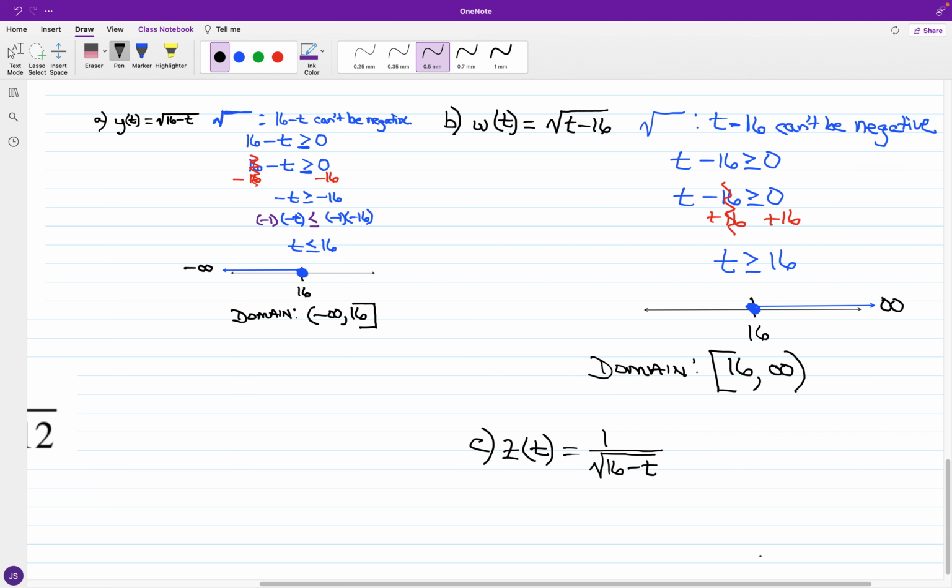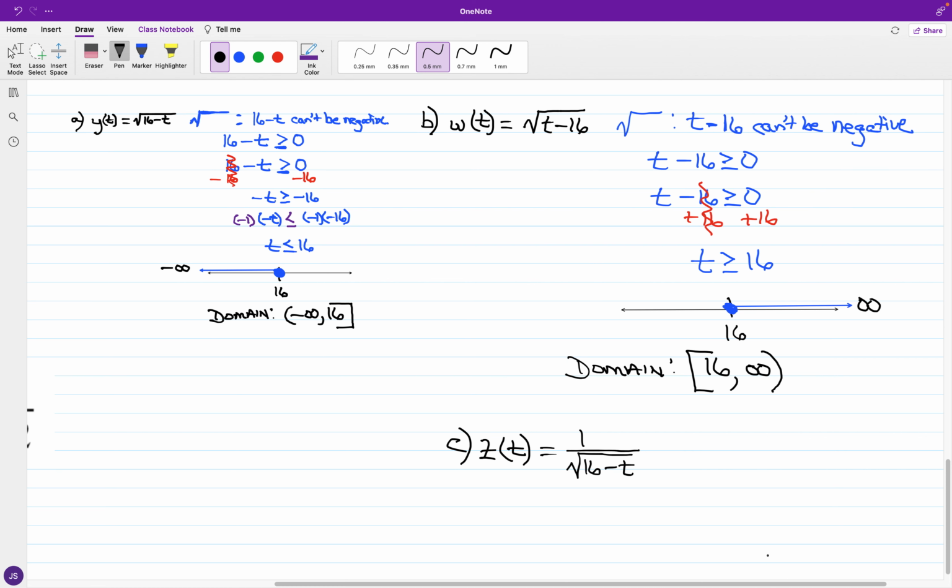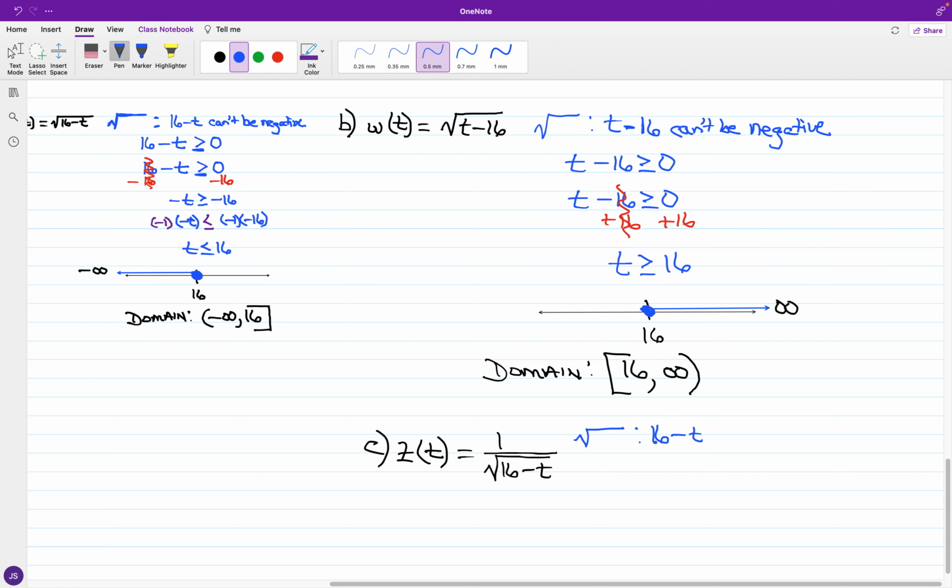And there'll be some level of repetition from part A in number 100. First of all, you have a blend of a rational function and a radical function. And with the radical part, we have the square root of 16 minus t.